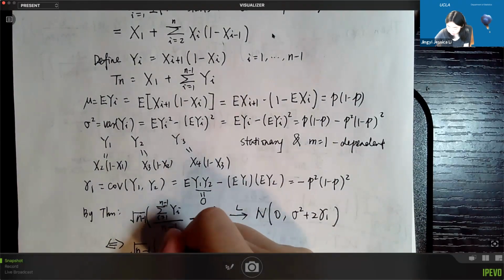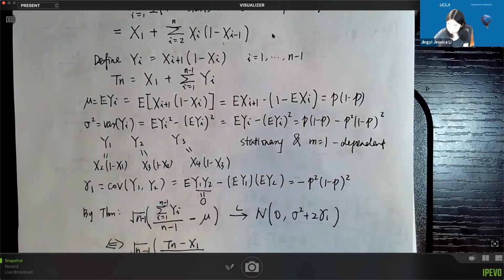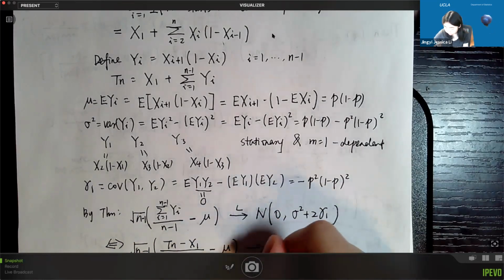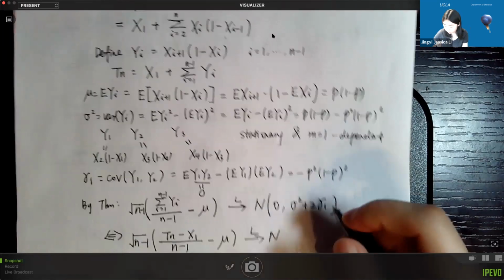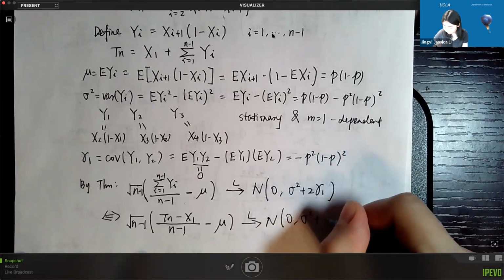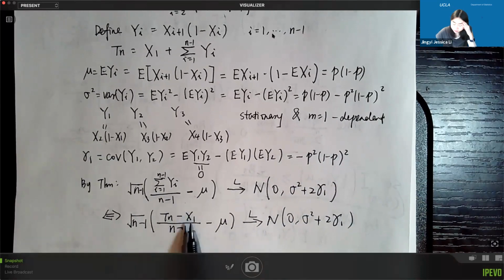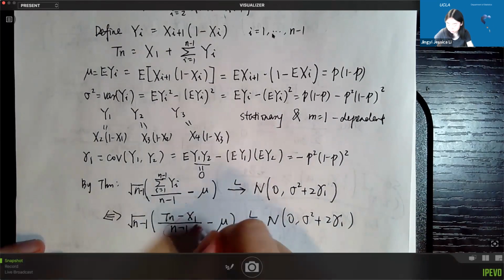This is Tn minus x1, minus mu. Okay, they are equal. But here I can do some simplification because I know x1 is binary, either 0 or 1. So therefore, the term x1 over n minus 1 is going down to 0 as n goes to infinity. So this term I don't need to worry about. This x1 over n minus 1 is diminishing.